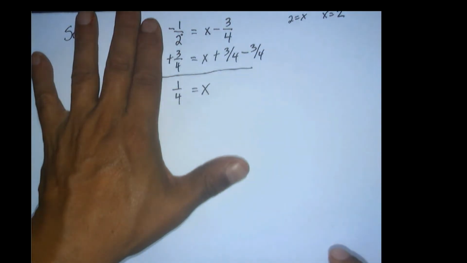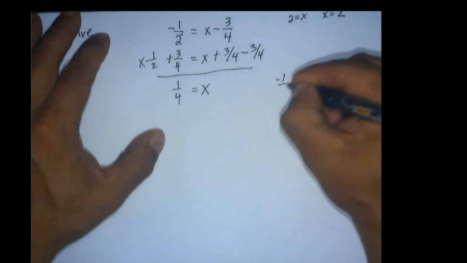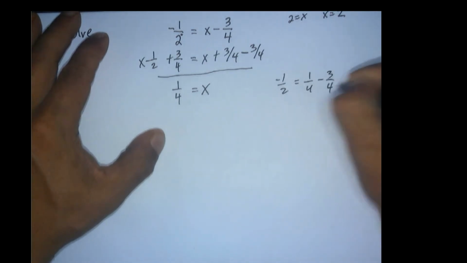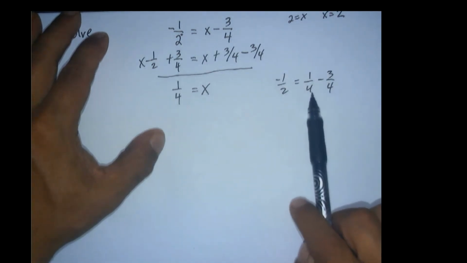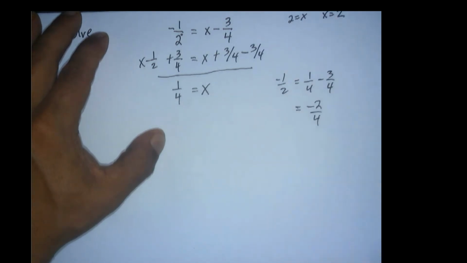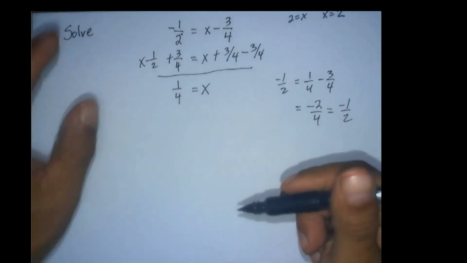Okay, so let's check it. Negative 1/2 equals 1/4 minus 3/4. Well, if I do that, this is equal to negative 2/4, right? Same denominator, and there's a 0. Yep. All right. Okay, your turn.